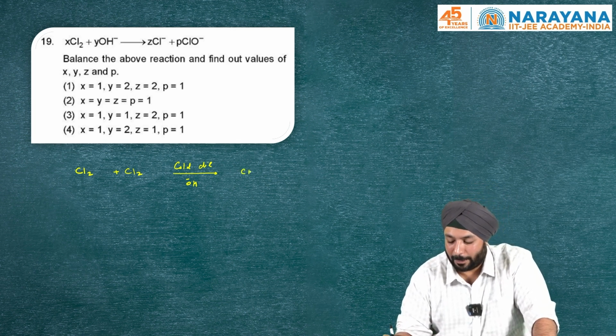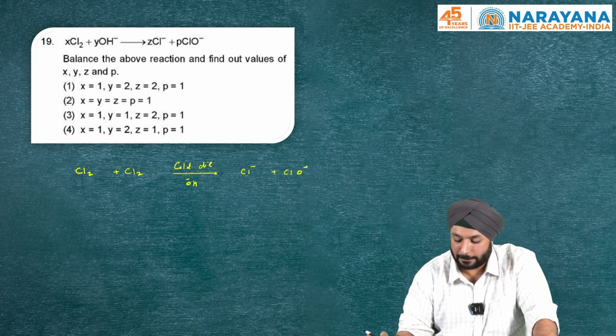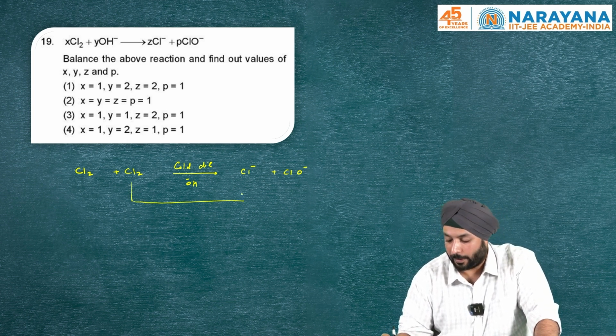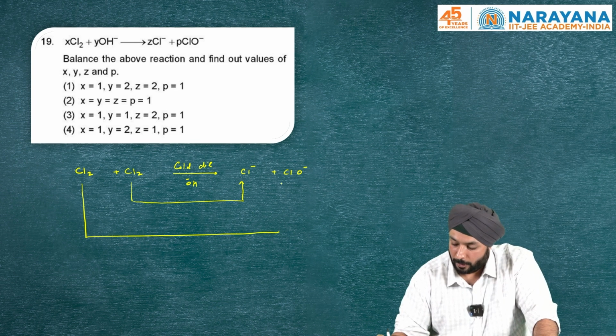Cl2 will undergo disproportionation to form Cl minus and ClO minus. Here, this chlorine, let's say, undergoes reduction. This chlorine, let's say, undergoes oxidation.